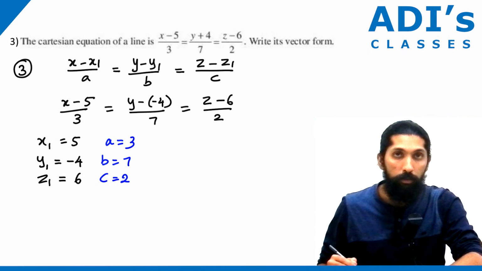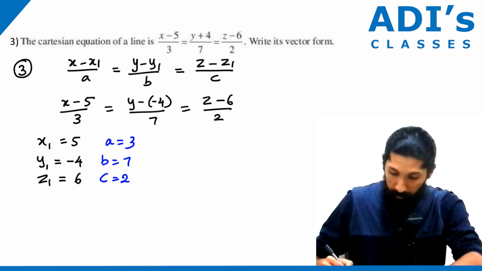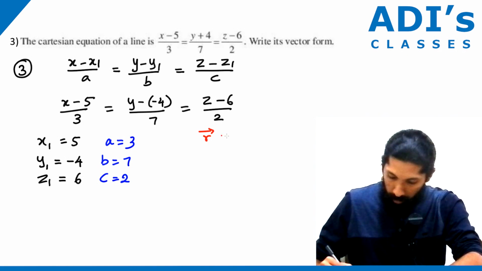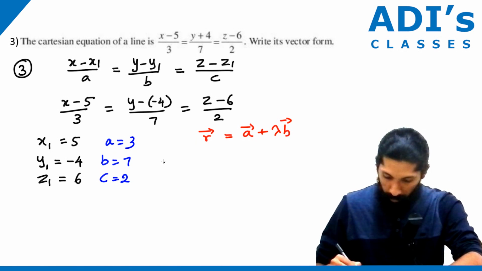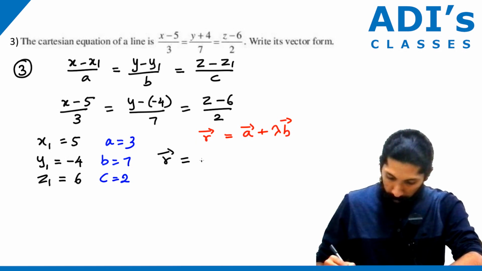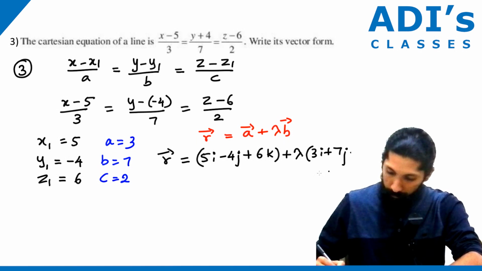What is the vector form? Equation in the vector form. See, equation in the vector form is given by r is equal to a plus lambda into b. That means here we'll get r is equal to 5i minus 4j plus 6k plus lambda into 3i plus 7j plus 2k.